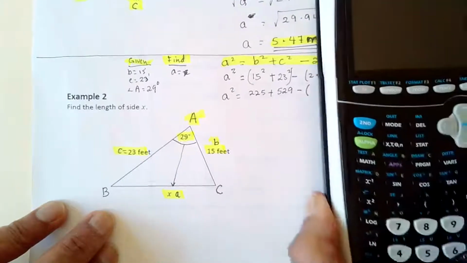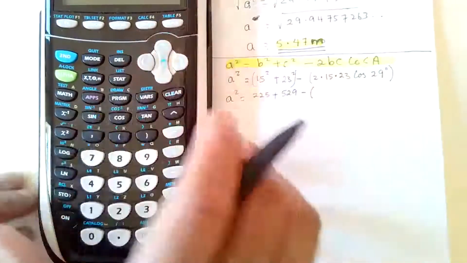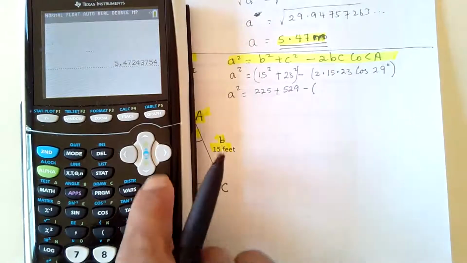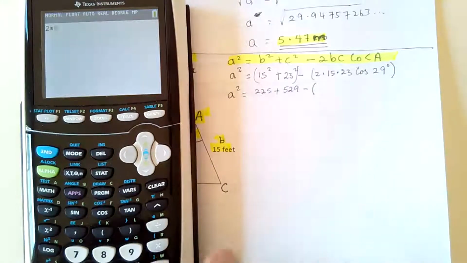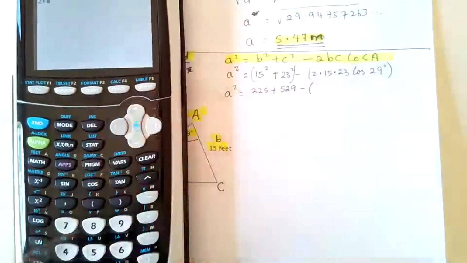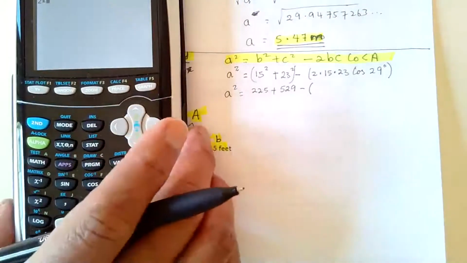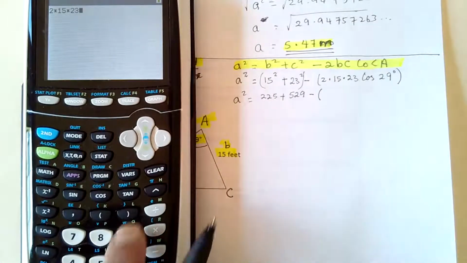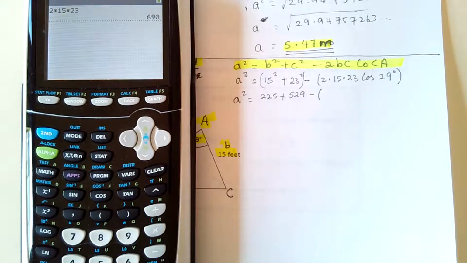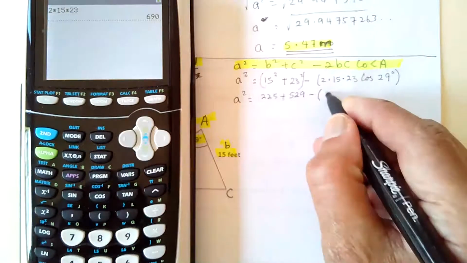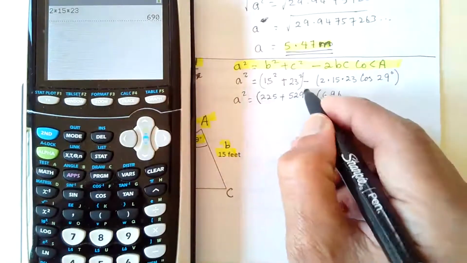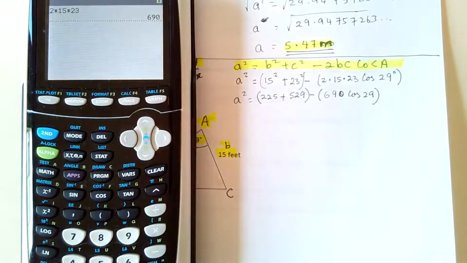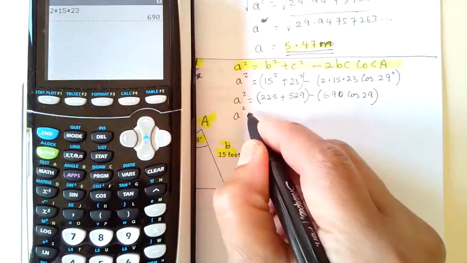Minus 2 times 15 is 30. Now I'll leave my calculator here. 2 times 15 times 23 gives you 690. A squared.